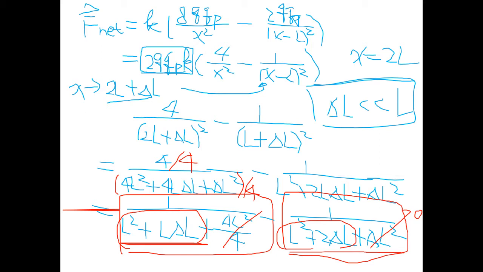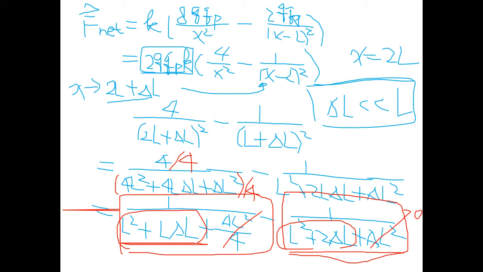Which means that, suppose at this point my net force is 0, but if I move a little bit forward, then the net force will be positive. So there will be a force putting me more forward. And this argument will be similar if I make it 2L minus delta L, going to the negative side a little bit, then the force will be smaller than 0.